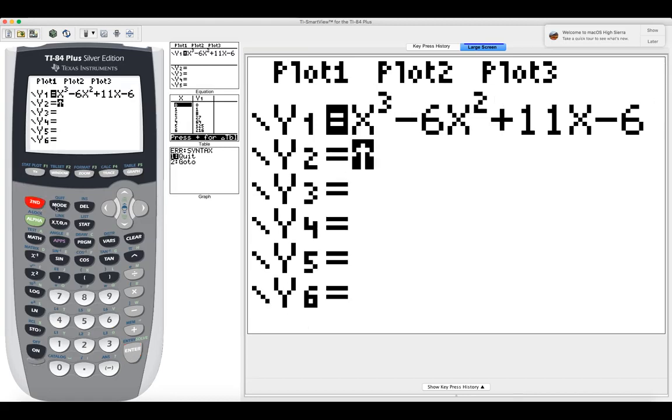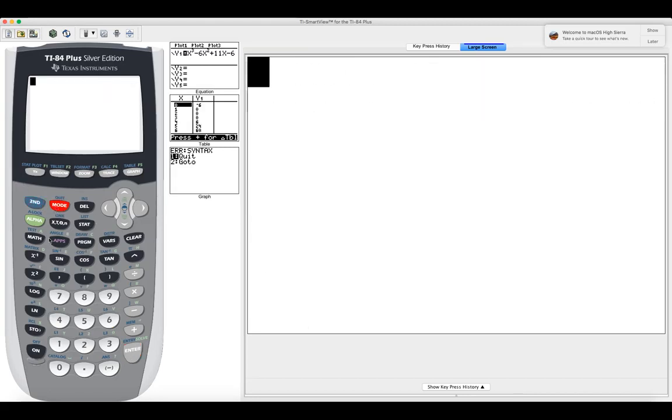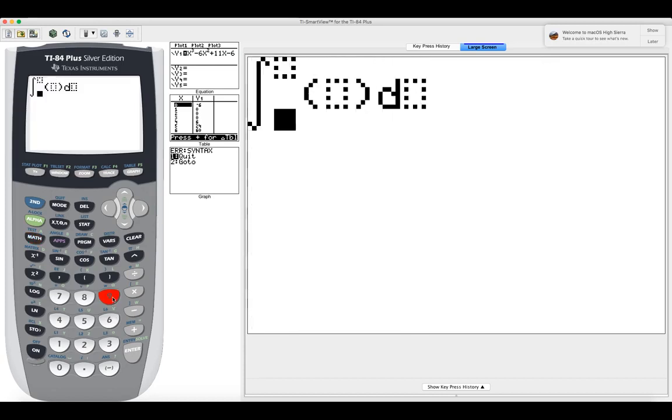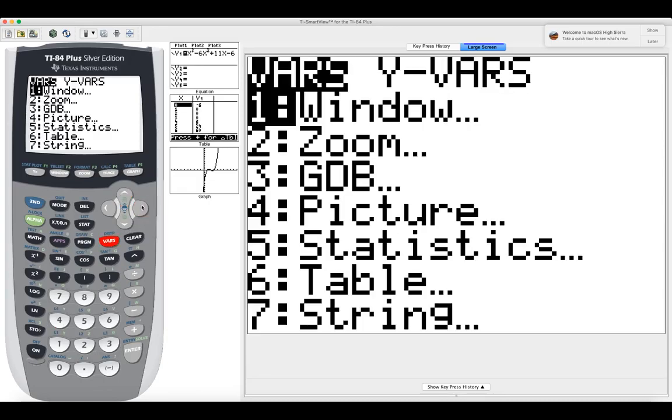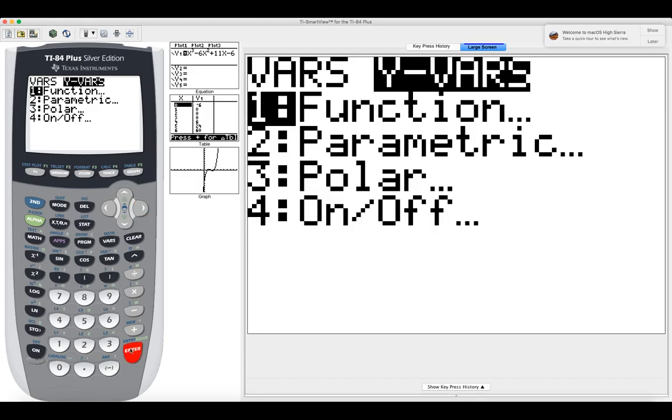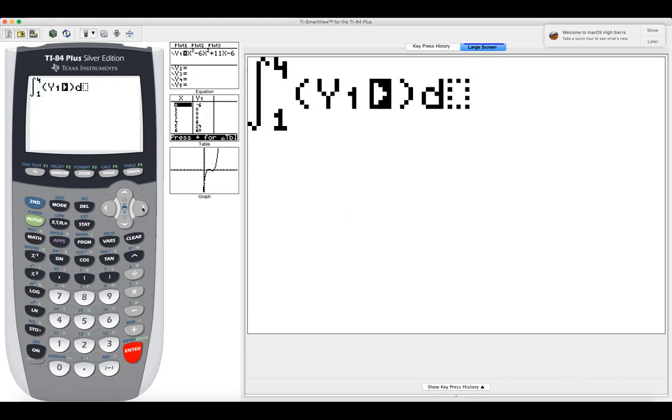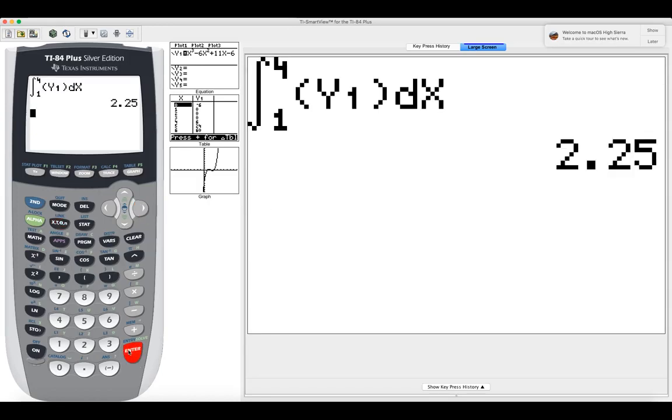Okay, so now second quit, go to my home screen, go math 9, and I'm going from 1 to 4 of my y1. So it's just like normal, go to vars, scroll to the right, function, enter y1, and I'm going to go dx, and I'm going to hit enter, and I get 2.25, which was my 9/4.